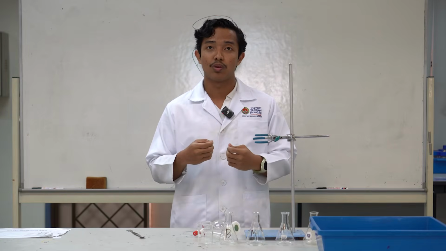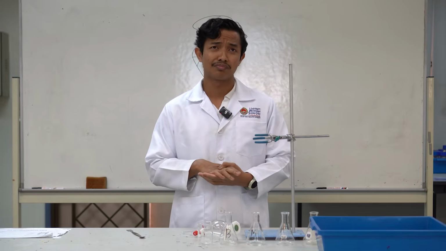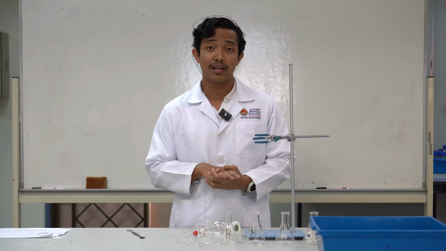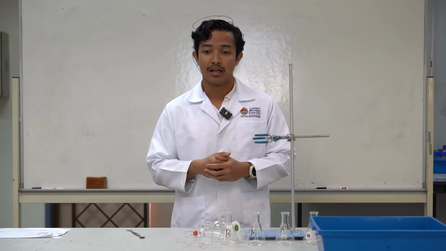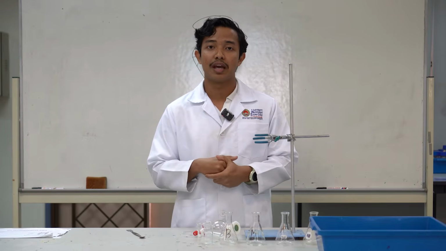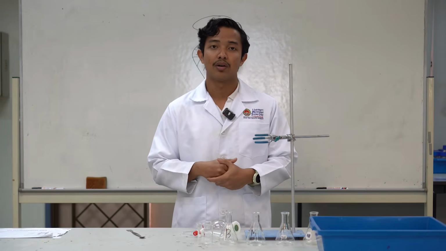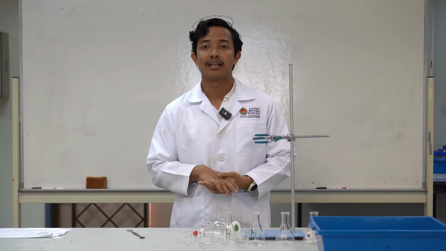In other words, we want to separate the caffeine while preserving the flavor. In order to do that, we use liquid extraction. We soak the coffee beans in water so that it becomes like a liquid mixture, and then we mix it with DCM, and the caffeine will be separated from the coffee using DCM.